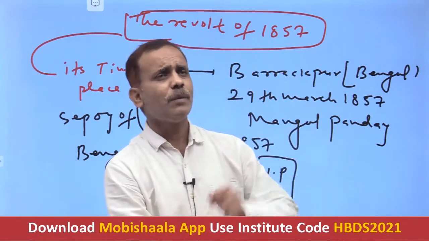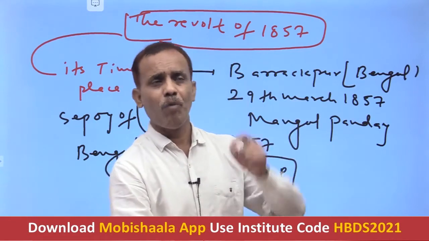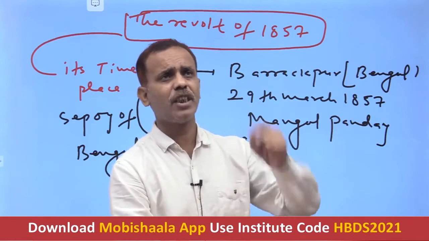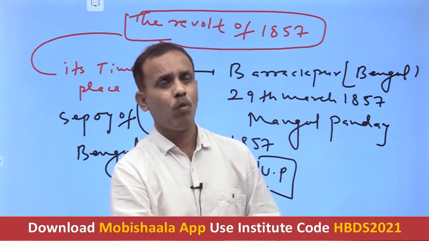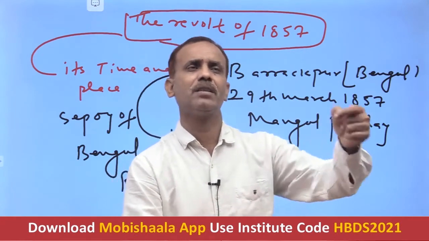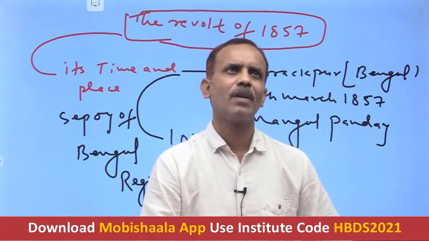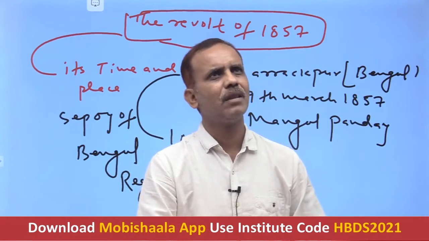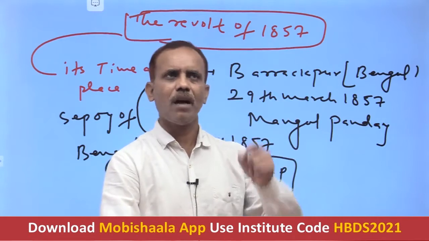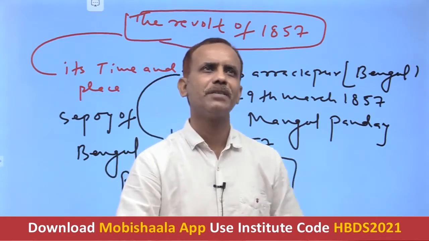It was the first revolt witnessed by the British government since the Battle of Plassey, which shook the whole foundation of the British government. Let us explore the reason behind the occurrence of this revolt against the British government.